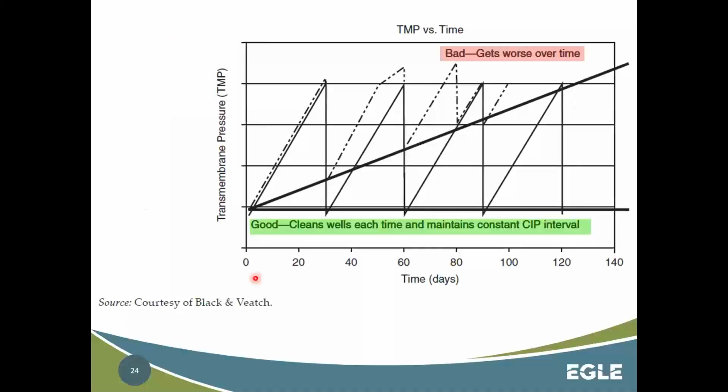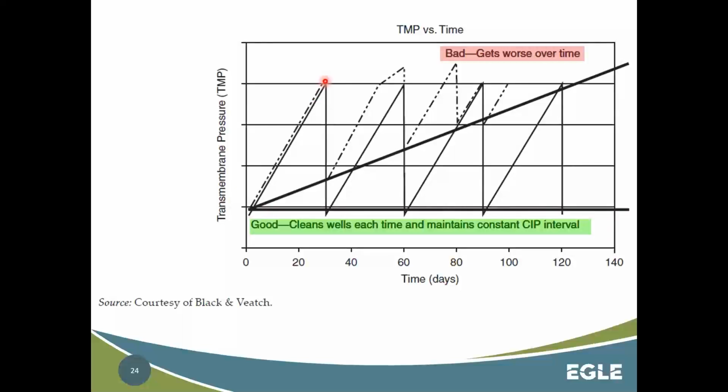This line right here is the baseline original transmembrane pressure, meaning if you have a new clean membrane, this is the difference in pressure you have between the feed water and the clean water coming out. As that membrane starts to get dirty, that transmembrane pressure will build up.